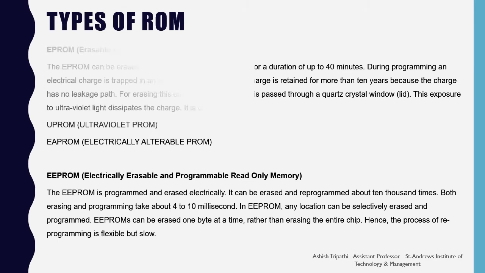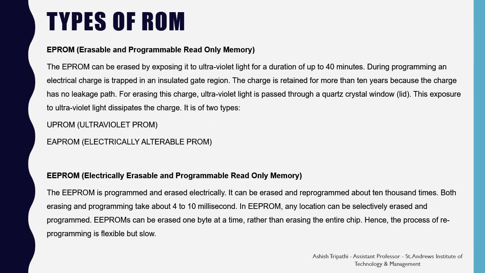The next ROM is EPROM, that is, erasable and programmable read-only memory. The EPROM can be erased by exposing it to ultraviolet light for a duration of up to 40 minutes. During programming, an electrical charge is trapped in an insulated gate region.